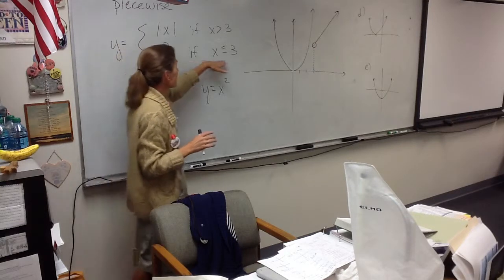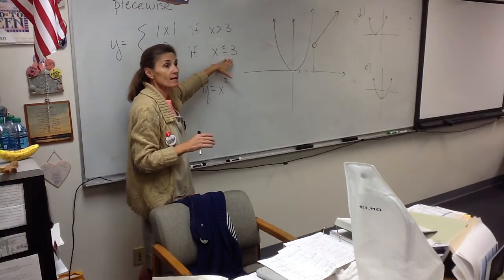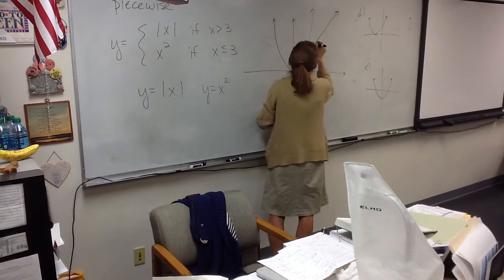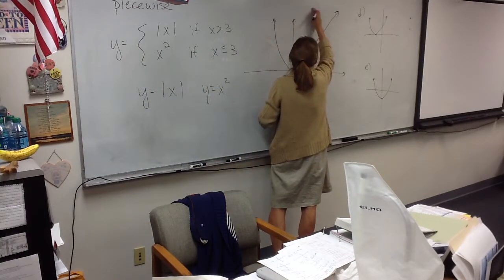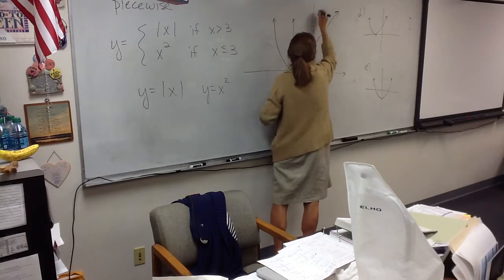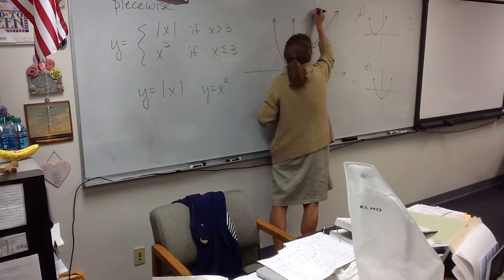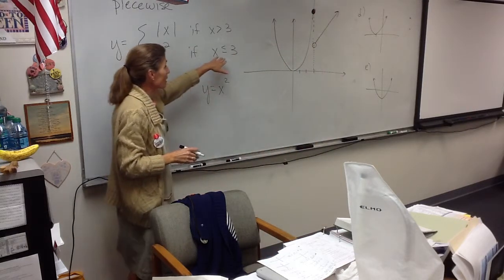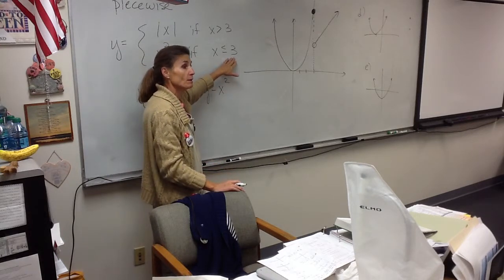It tells me I only want the part where x is less than or equal to 3. So remember this dashed line we drew? I'm going to extend it up until I hit my parabola, which is going to be right here. And I'm going to put a closed dot there. Any ideas why I'm putting a closed dot on my parabola? Because they are equal to.